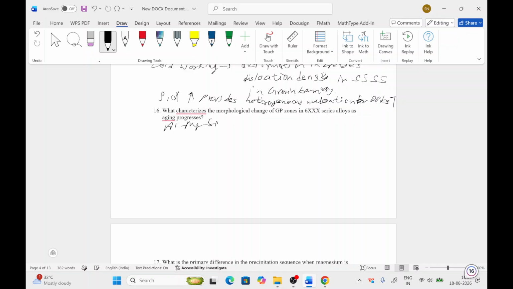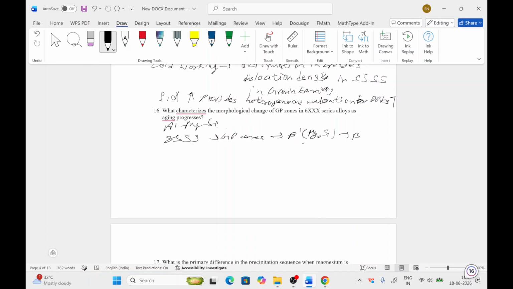The precipitate formation sequence for this aluminum magnesium silicon alloy is first the supersaturated solution transforms into GP zones, and this GP zone transforms into the beta prime precipitate, whose composition is Mg2Si, and this beta prime is metastable.